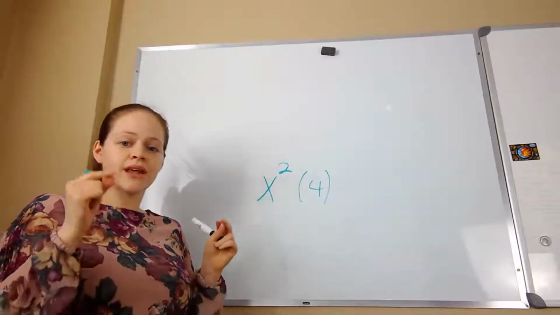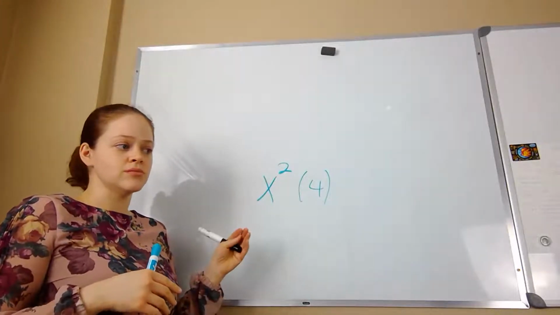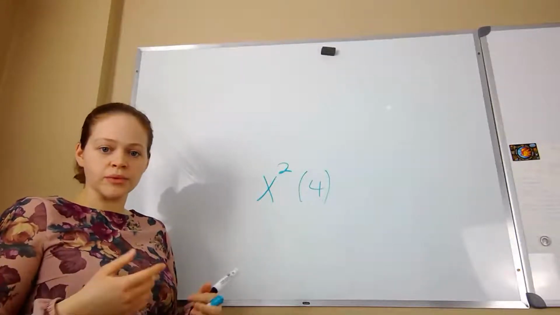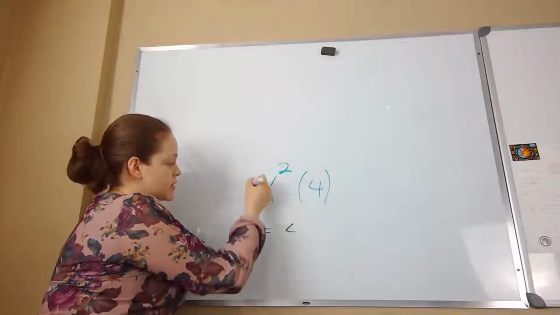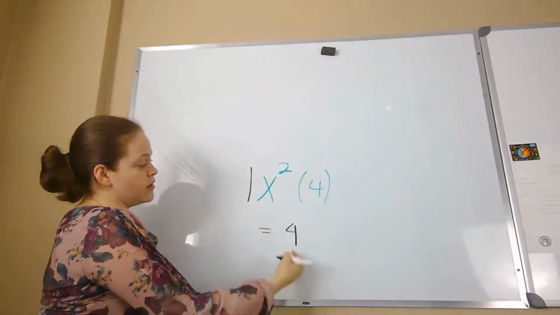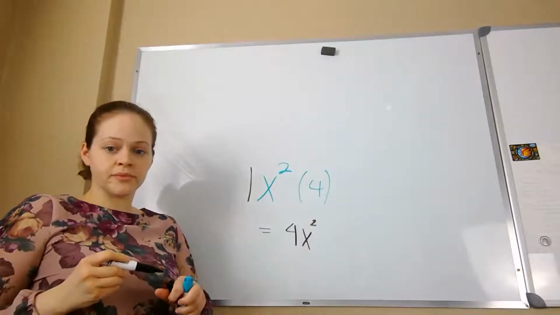Technically speaking, there's an x to the 0, so that would just be 1. But if you're just multiplying by a number for just basic terms, they just go together. So this is 1 times 4 is 4, and then there's nothing else, so we just put an x squared.